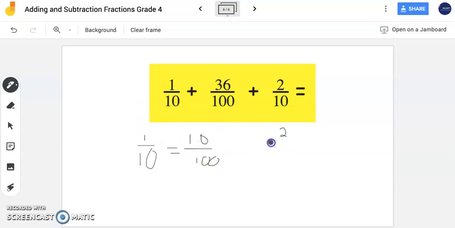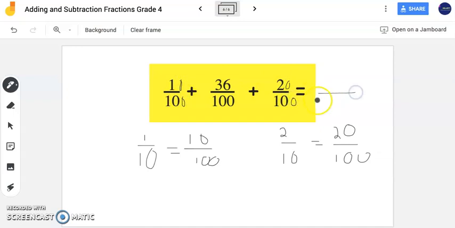I know that 2/10 is equivalent to 20 hundredths, and I find that by multiplying my numerator and denominator both by 10. So now here I'm going to change this to 10 hundredths and this to 20 hundredths.